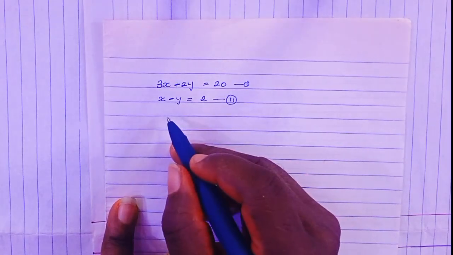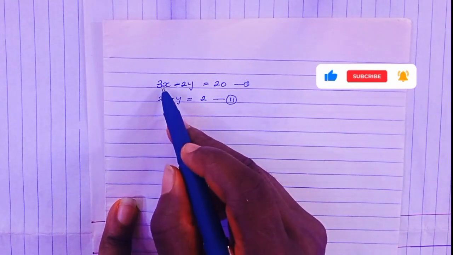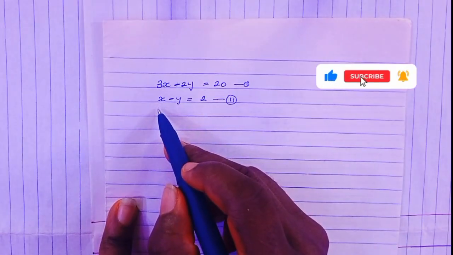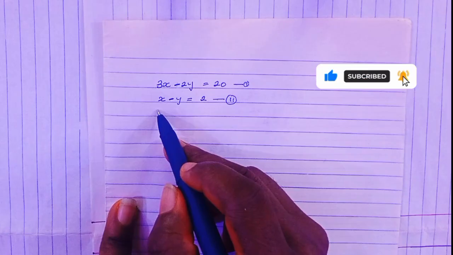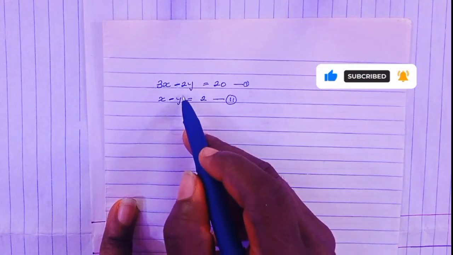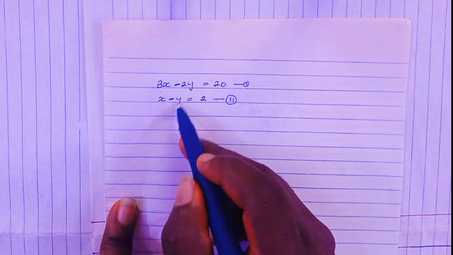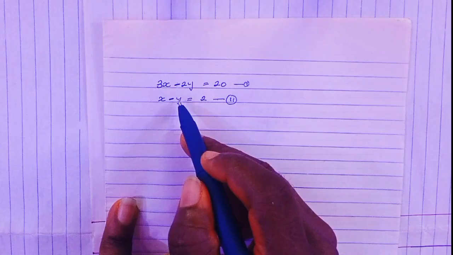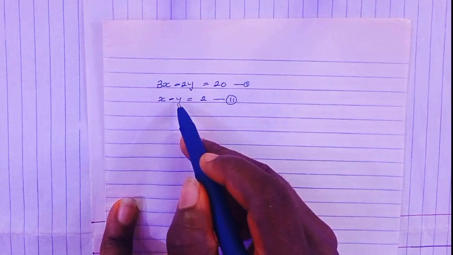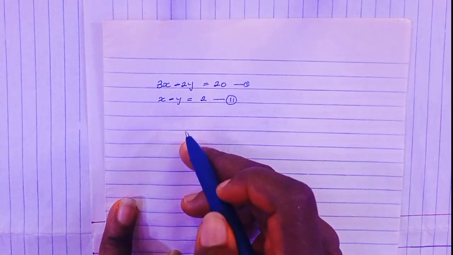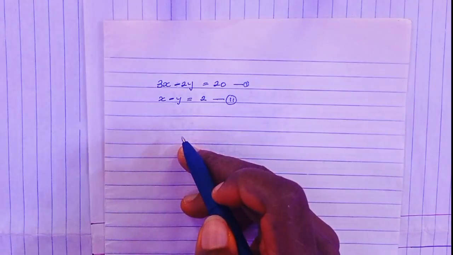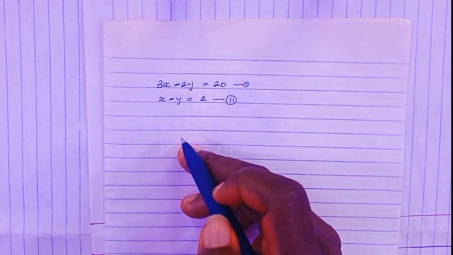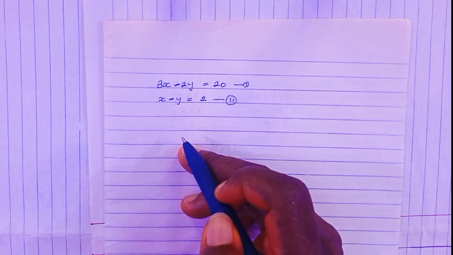If we add both equations, we know that x will become 4x, right? And if we are adding this one too, we are going to get negative 3y here. So we have seen that if we add the equations, we did not eliminate either x or y.